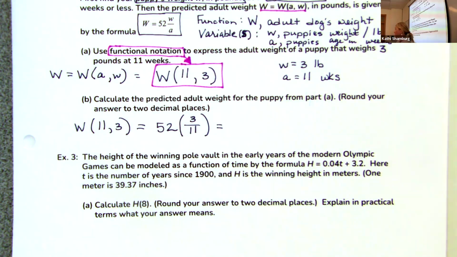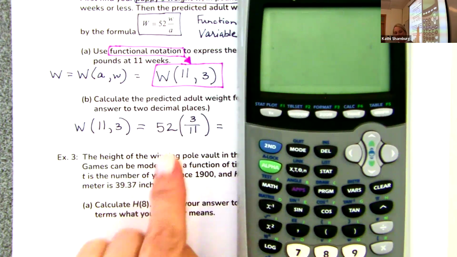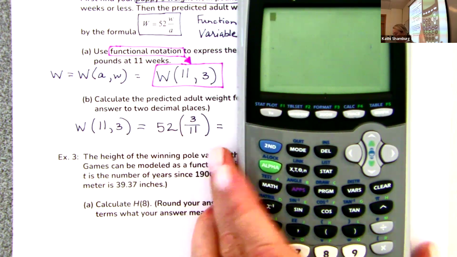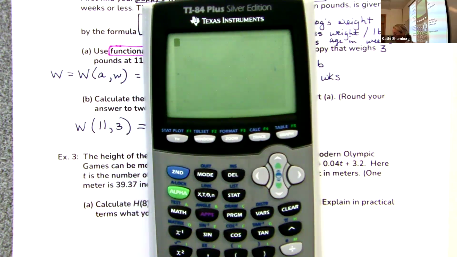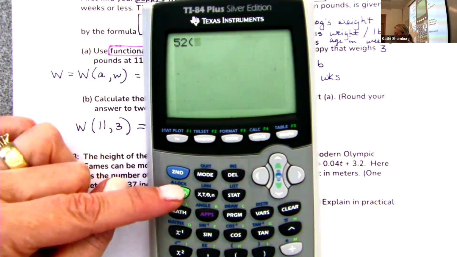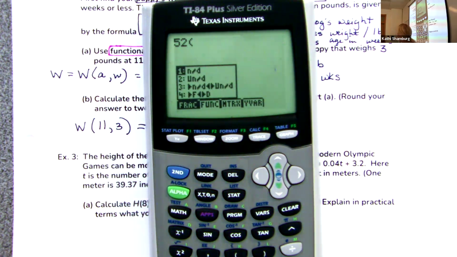Okay, so I'm going to show you a couple things on your calculator that you may not know. All right, first off is how to get the fraction on your calculator, okay? All right, so I'm going to put in 52, and I'm going to put in the open parenthesis. All right, then the green button on mine, it says alpha. I'm going to push alpha and then come up here and push this Y equal button. Notice that number 1 has N/D.